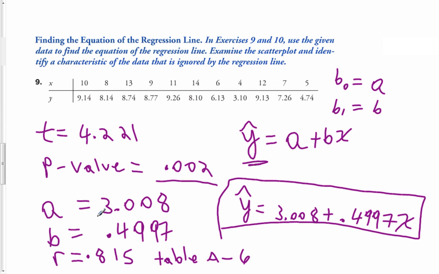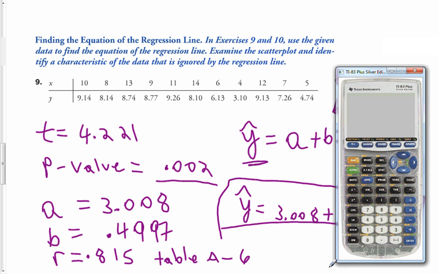Let's bring back out the TI-83 calculator here, and we're going to graph this. So we're going to go to stat plot, and we're going to turn plot 1 on, and we are going to do a scatter plot. The data are in list 1 and list 2.